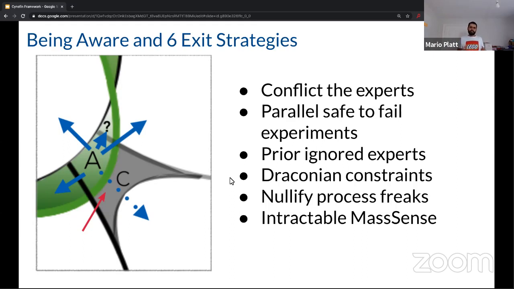But the idea behind it is a generic idea, which is that in tractable mass sense, you will try and get narratives from a big pool of people, right? It may be across your organization, across your country, whatever the scope is that we're talking about. And then you're going to try and understand how people feel about a particular type of situation or problem.